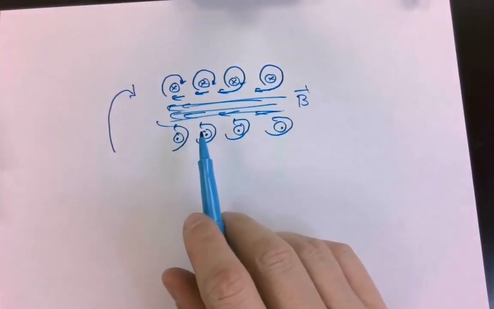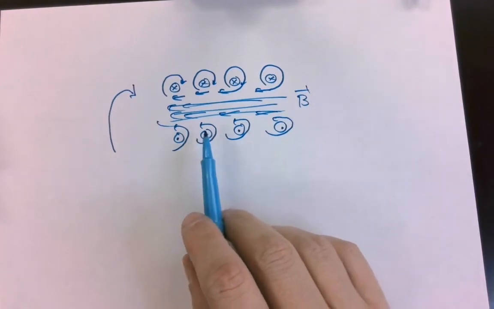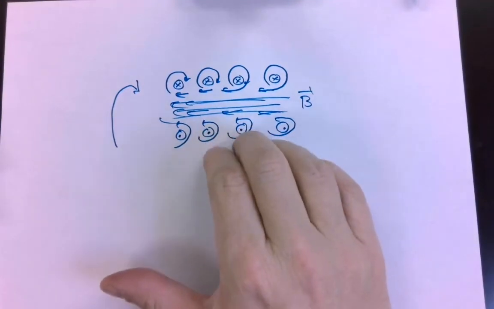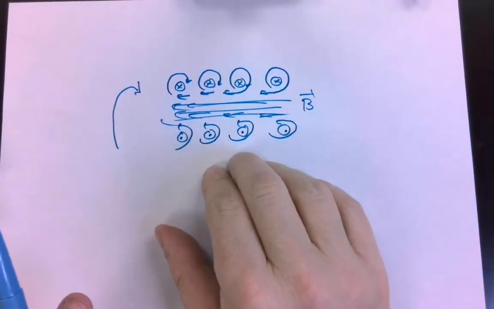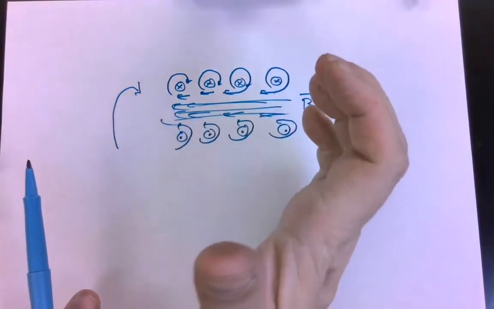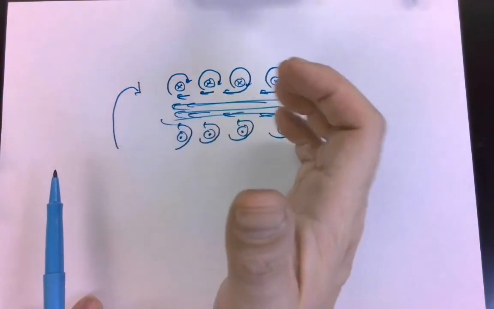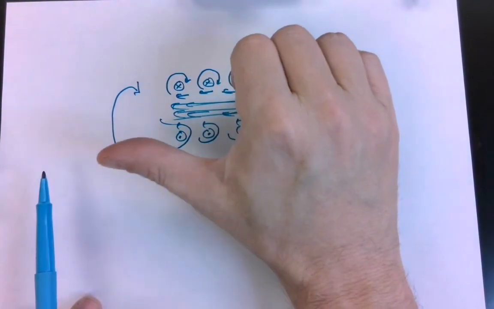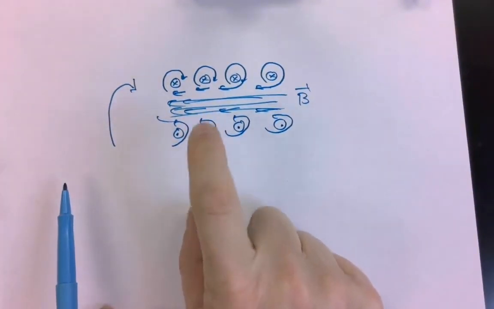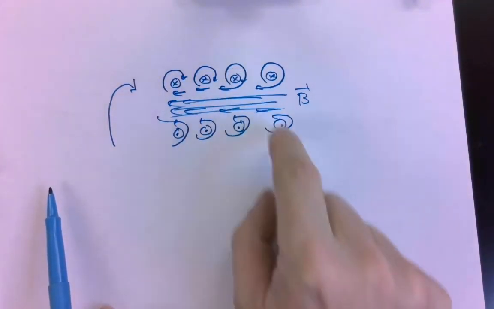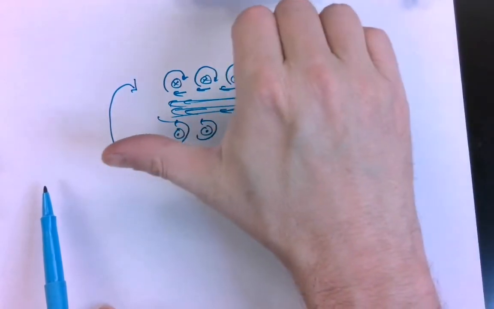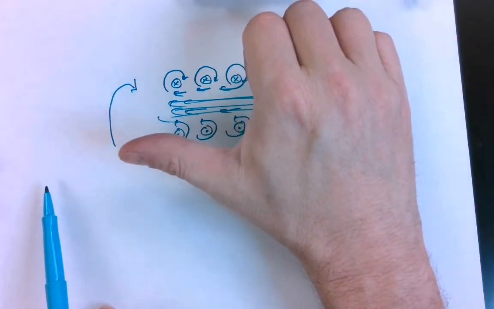If you think about the solenoid as a whole, we can use a different version of the right-hand rule to determine the direction of the magnetic field of the solenoid. In this version, your fingers represent the current. You wrap your fingers in the direction that the current is going, and then your thumb points in the direction of the magnetic field. So here the current is going out, in, out, in, like this, and your thumb points in the direction of the magnetic field of the solenoid.